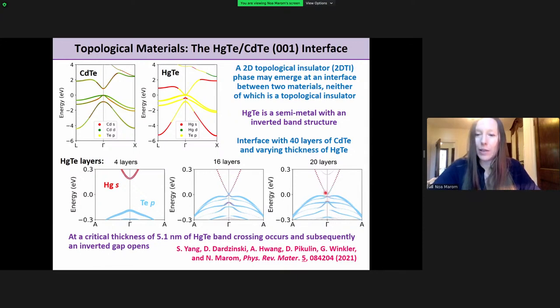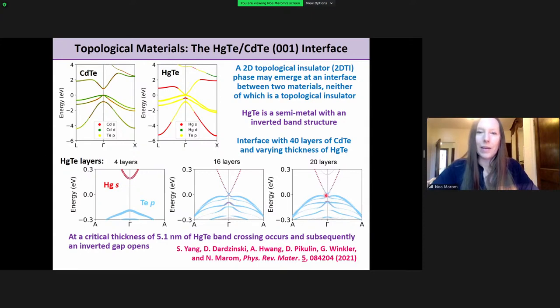So here the bottom of the conduction band changes to tellurium P, and then the top of the valence band changes into mercury S. So at a critical thickness of 5.1 nanometers, you have this magic happening where two materials that are not inherently topological insulators silently produce a topological insulator phase, inverted band gap.